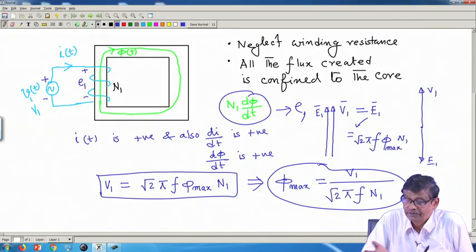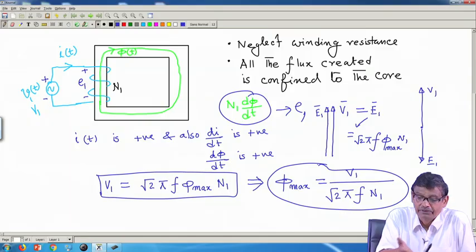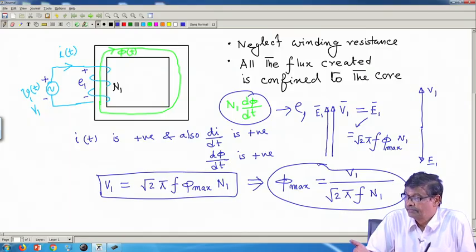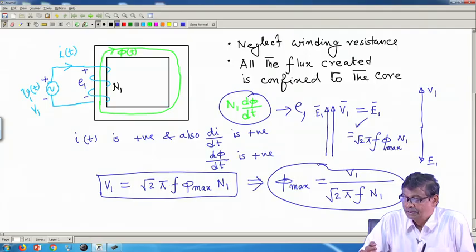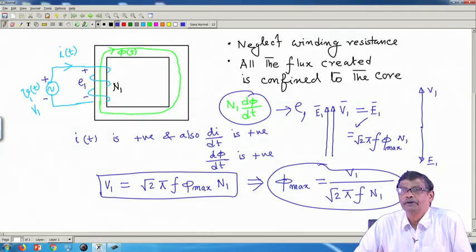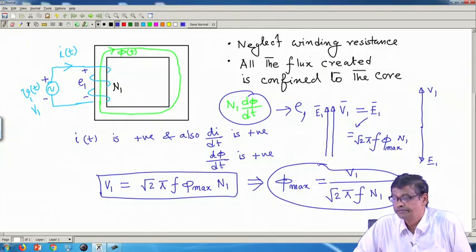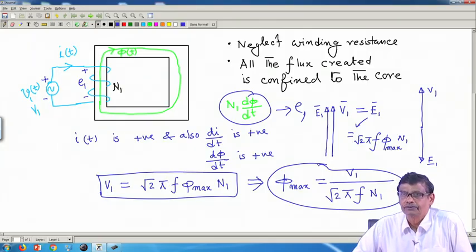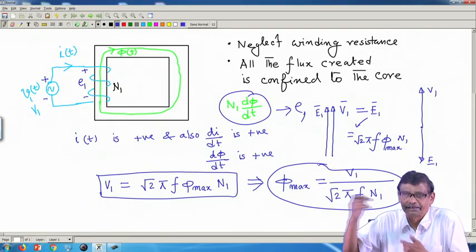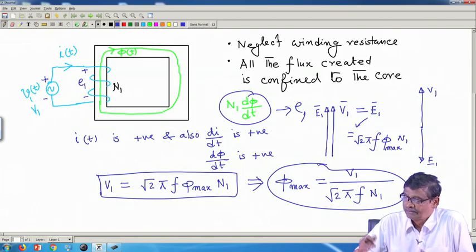But in the case of the same coil excited from an RMS voltage V1 varying sinusoidally, the peak value of the flux is fixed, V1 by root 2 pi f N1. There is no question of calculating current, then MMF, then flux, unlike a DC circuit.